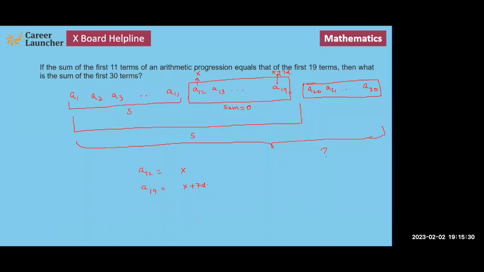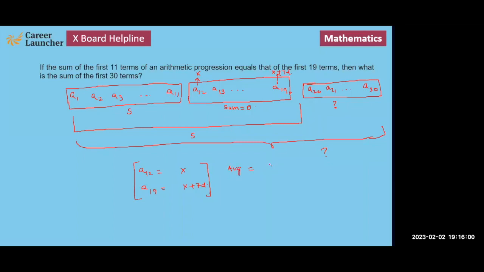So basically what I must find out is the sum of these numbers, that is what we must find out. So let me do one: what is the average of these two numbers?